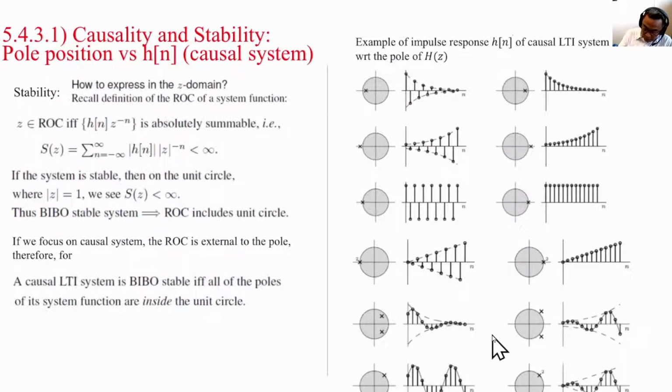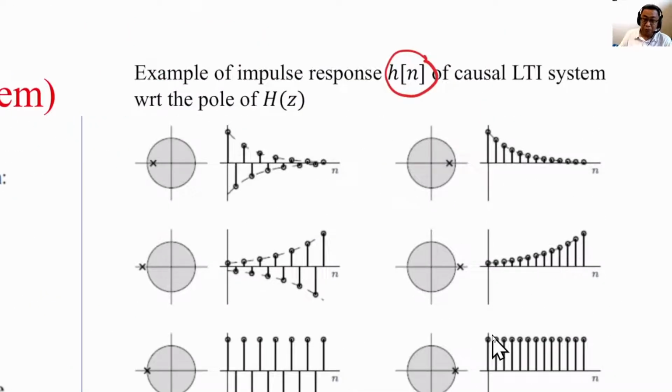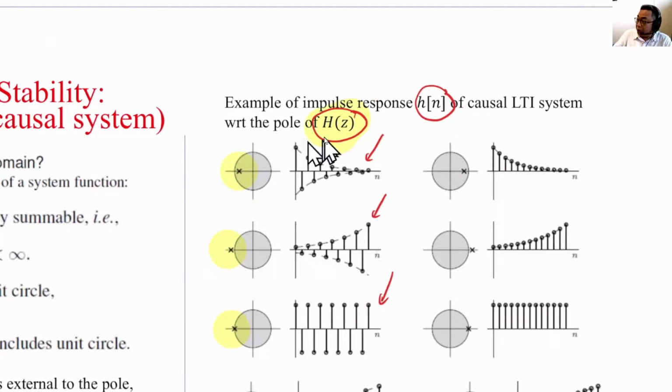Here, if we have h of n representing the impulse response, and we get H of z, the transfer function, then we only need to observe the pole position. Here, I show you how different pole positions will generate different h of n. When the poles are inside the unit circle, the h of n will decay.